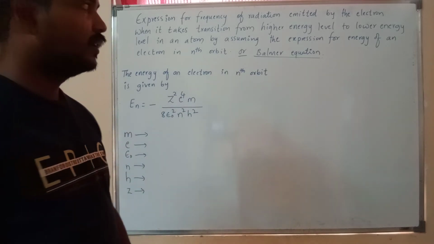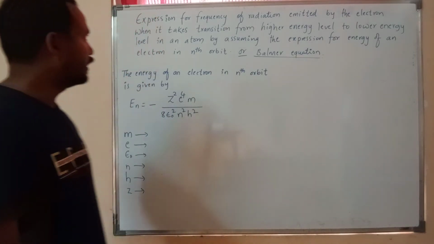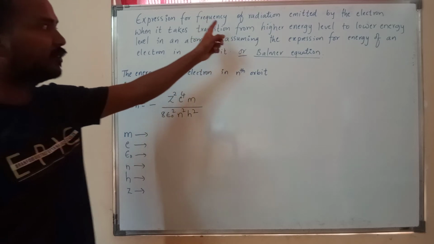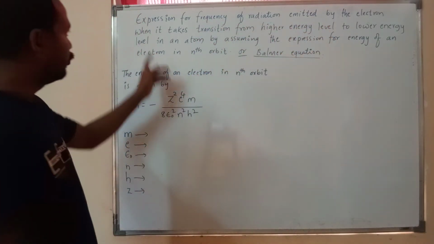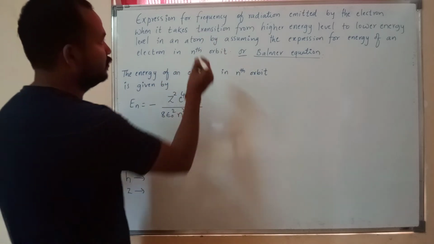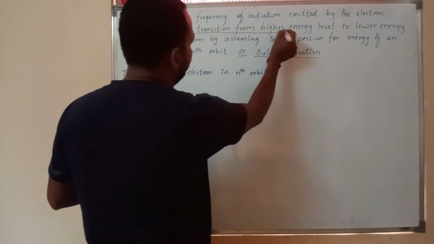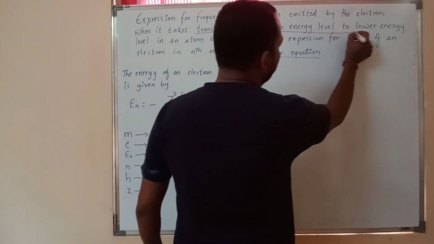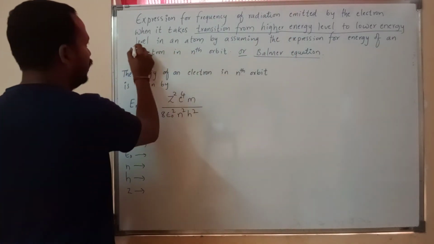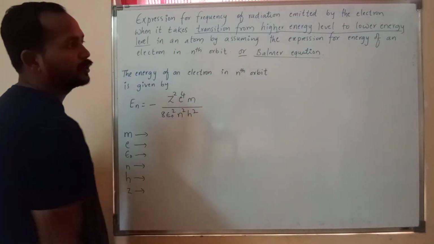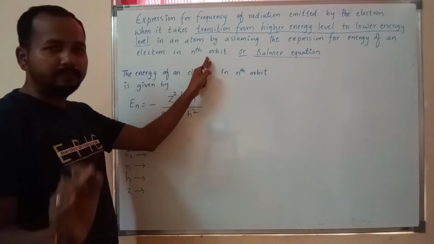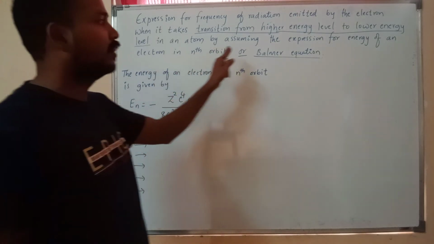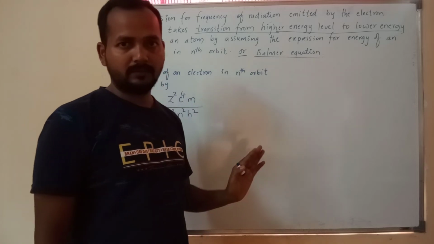Next, one more derivation is there, that is the expression for the frequency of radiation emitted by the electron when it takes a transition, this is very important, from a higher energy level to a lower energy level in an atom, assuming the expression for the energy of an electron in the nth orbit, or simply we can call it the Balmer equation, right?